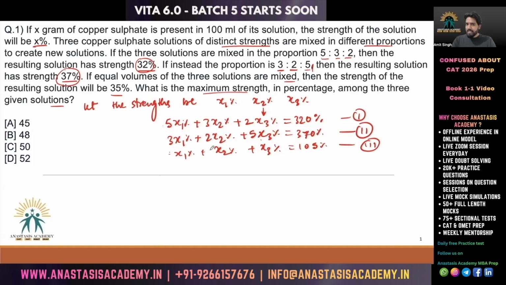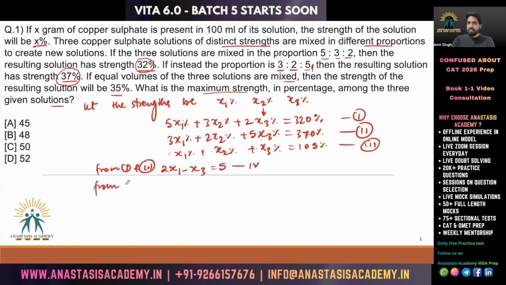So this becomes 3x1, 3x2, and 3 times x3, and it becomes 315. If I take the difference of first and third equation, what do I get? From first and third, I got 2 times x1 minus x3 would be equal to 5. So I'm getting this as fourth.